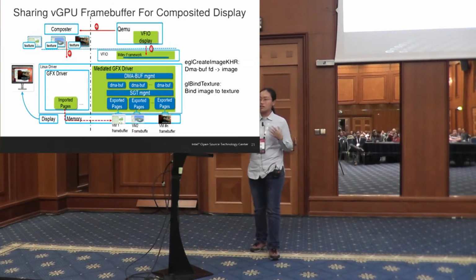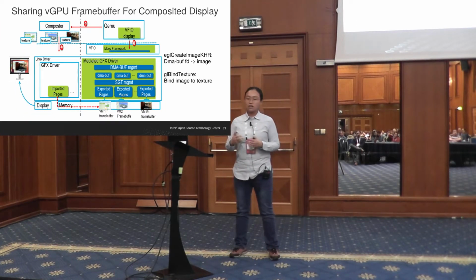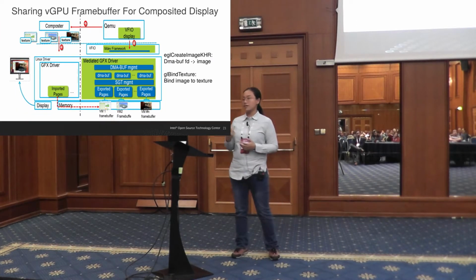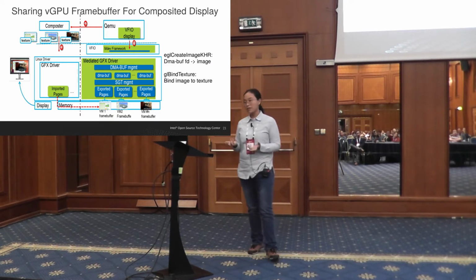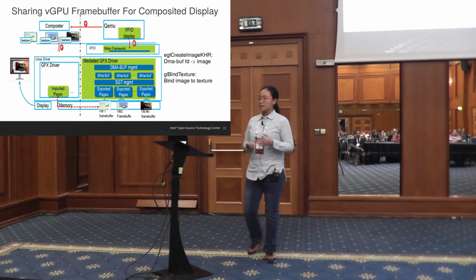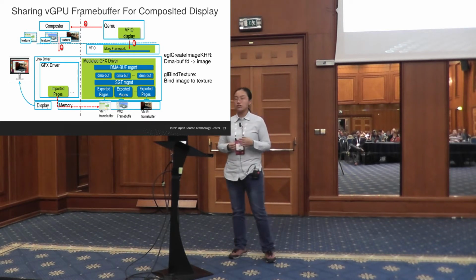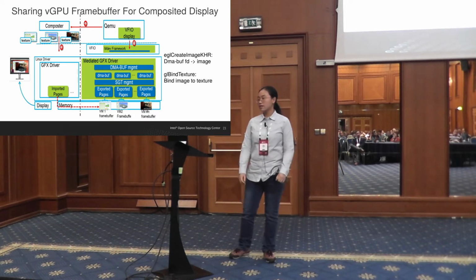So on the client side, again, Qemu can get the DMABuf file descriptor with the help of our mechanism and send the file descriptor to the host compositor.